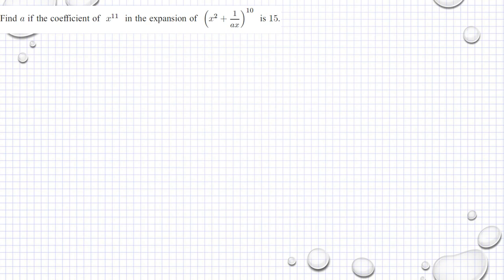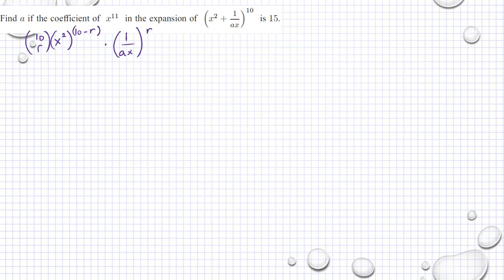our n is 10, taken r, we don't know yet, and then we have x raised to 2 raised to 10 minus r multiplied by 1 divided by ax raised to r. And if we're going to find only for the x, this should be equal to x raised to 11.